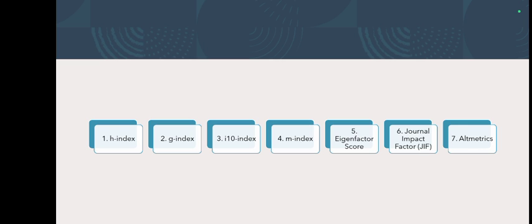The first paper should get two citations, the second paper four, the third nine, the fourth 16, and the fifth research publication should get 25. Like this, the citations for each paper should increase.